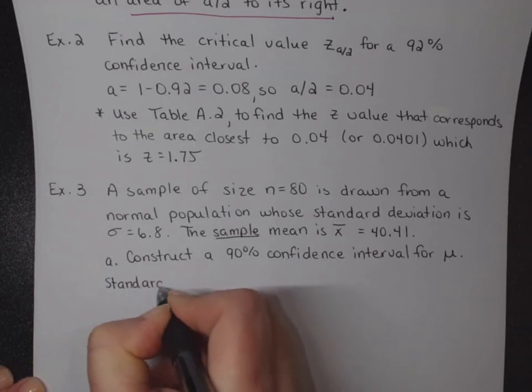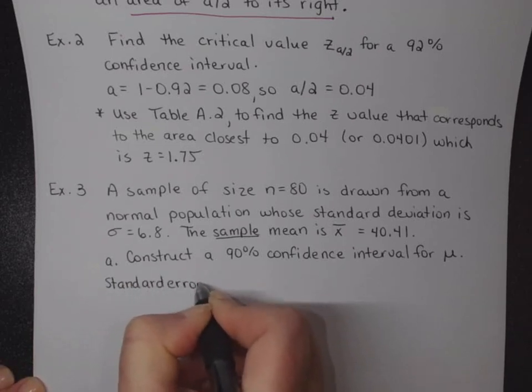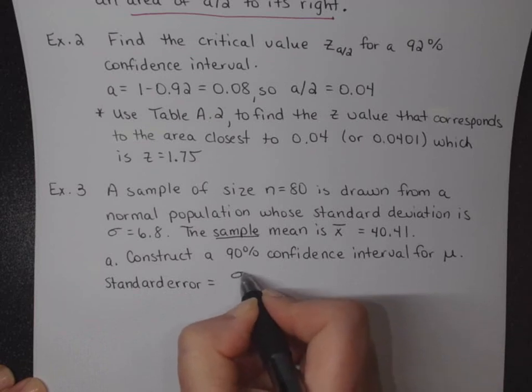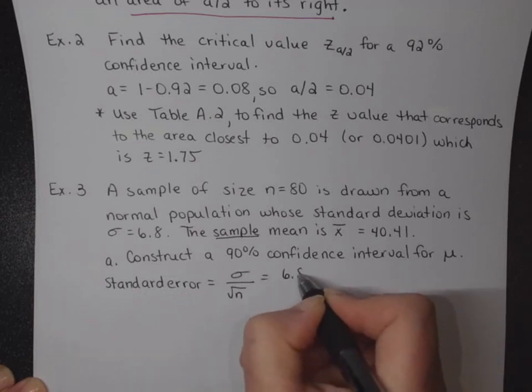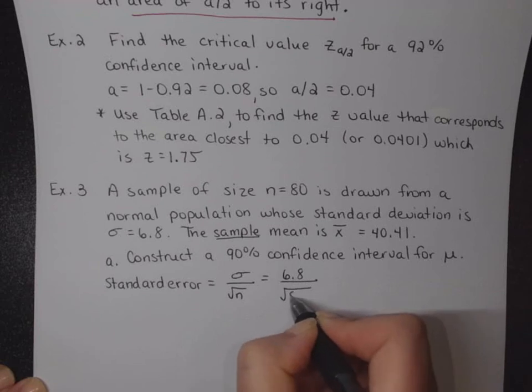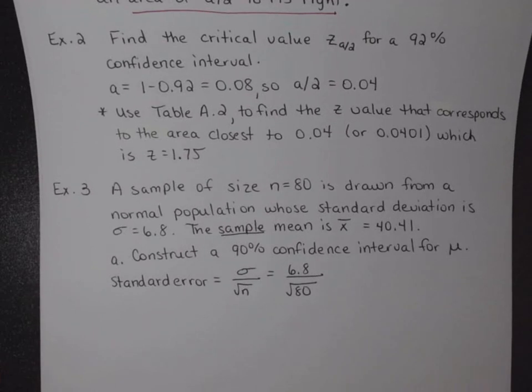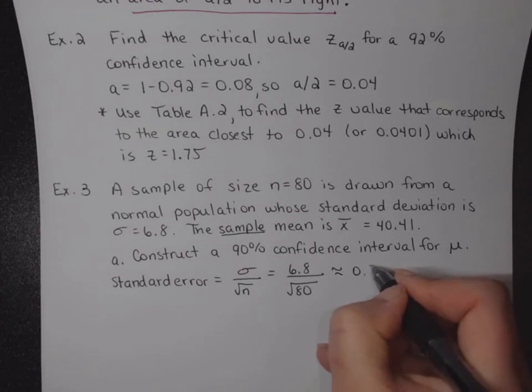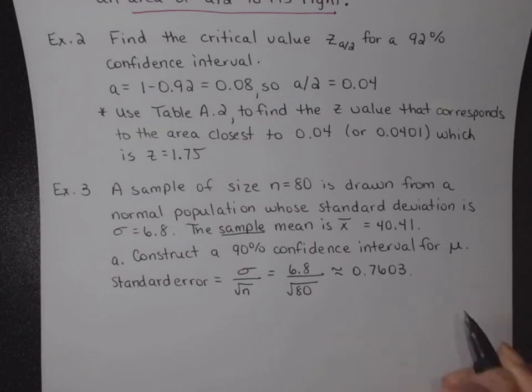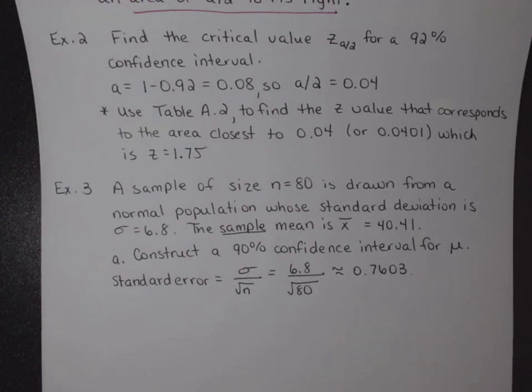So first you have to find the standard error, which the formula for that, remember, is sigma over the square root of n. Okay, we know sigma is 6.8. Our n is 80. So we're going to need to give ourselves some decimal places here, but I get approximately 0.7603.